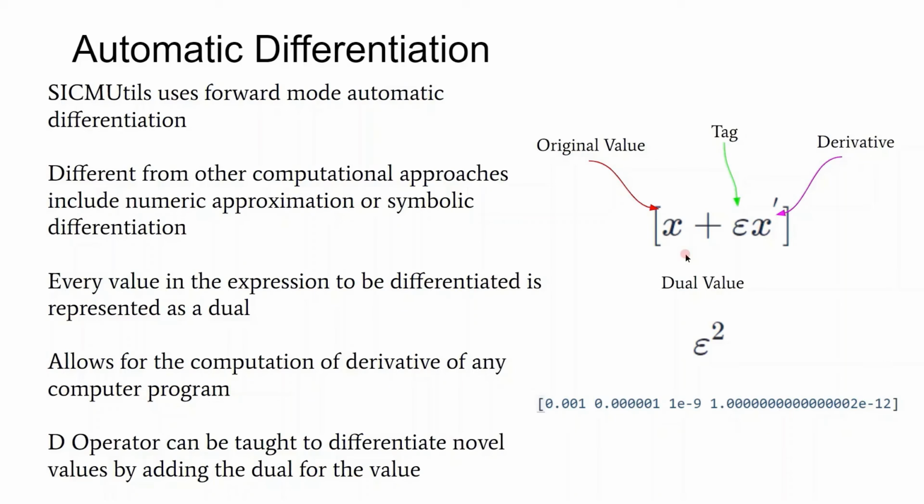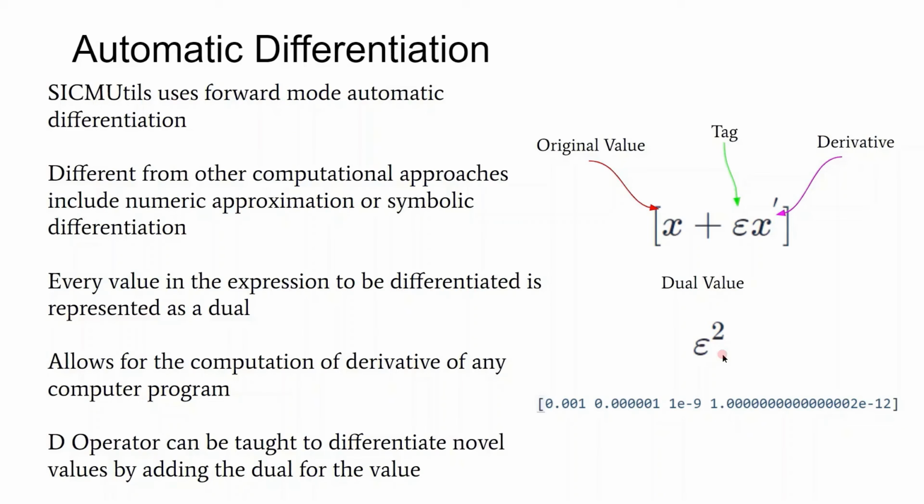And once this is done for all values in the expression, the D operator proceeds with normal simplification, adding all the terms, subtracting, multiplying, and if along the process a term comes up with a tag with a power of 2 or greater, the value attached to that tag is discarded.